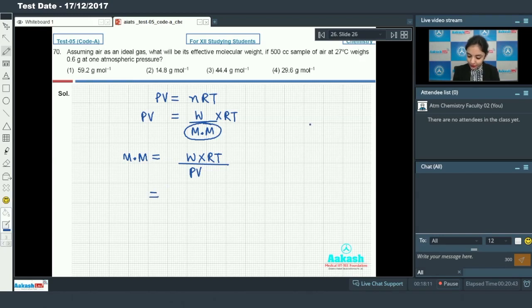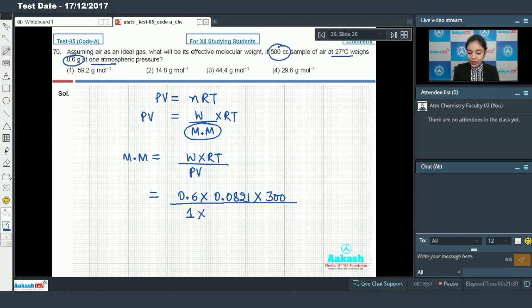Now you have been given that weight is equal to 0.6 grams. So 0.6 into the value of R, which is equal to 0.0821 liter atmosphere per mole per Kelvin, into temperature. Temperature is 27 degrees Celsius, so it is equal to 300 Kelvin, divided by pressure, which is 1 atmosphere, into volume.